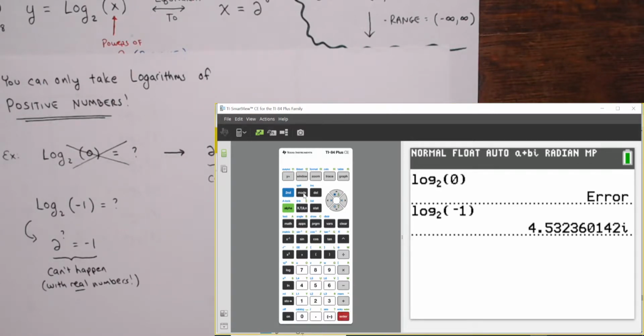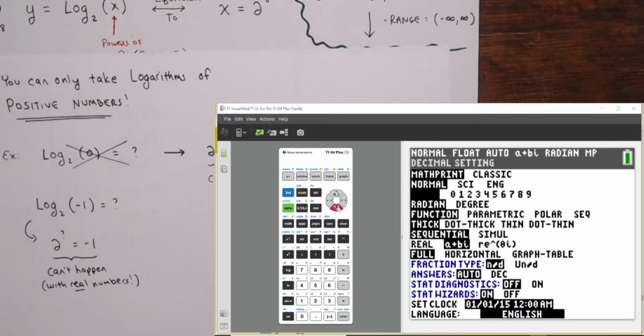But if I go back to real mode, we should be in real mode here now because I'm graphing. When you're graphing on the XY plane, remember the x-axis is a real number line. The y-axis is a real number line. So I want real outputs only.